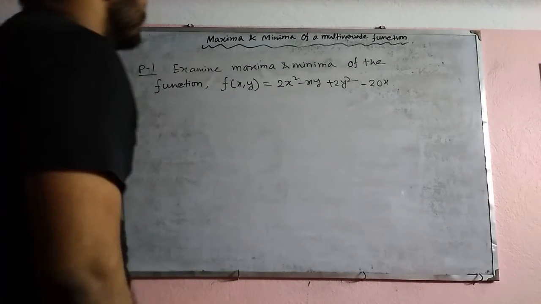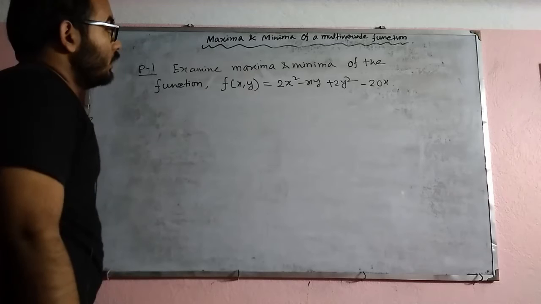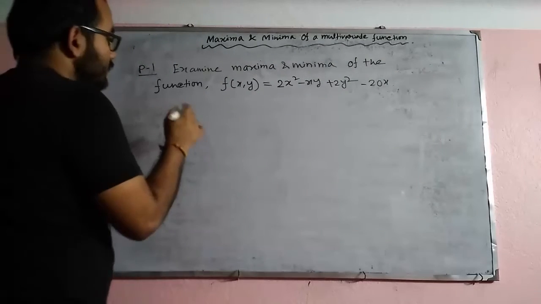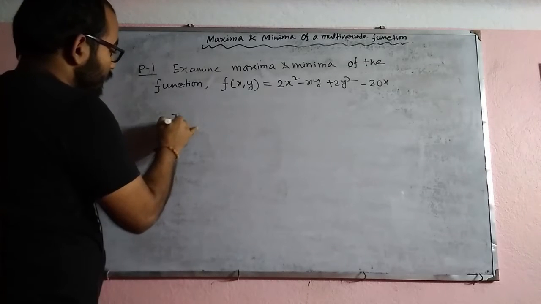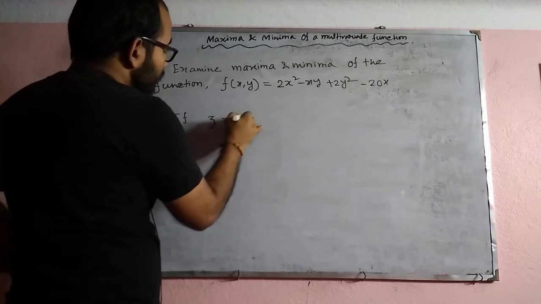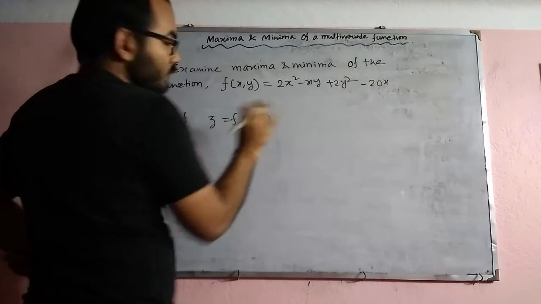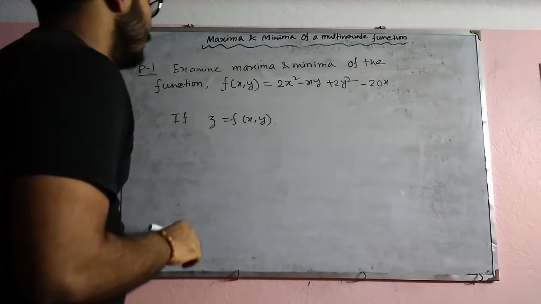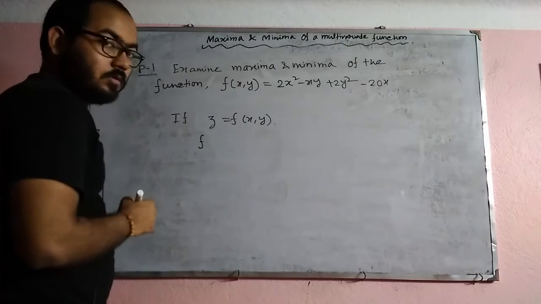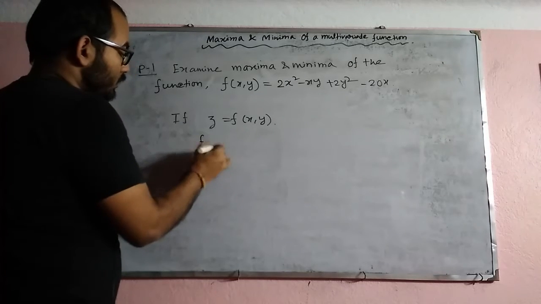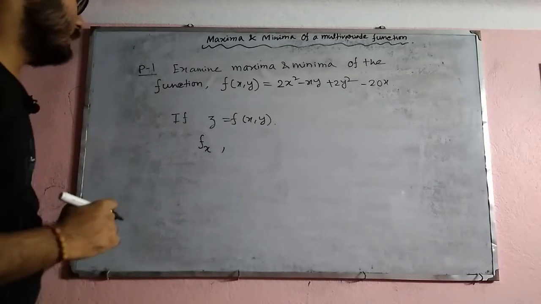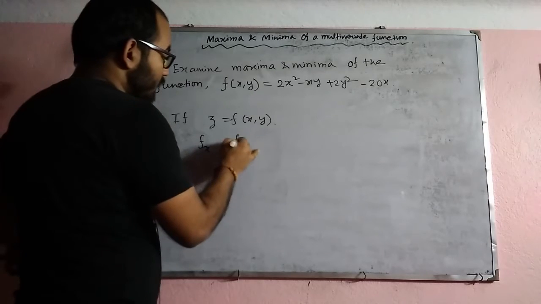One thing I have not told you: if you have a function, say z equal to f of (x, y), then we have to obtain fx, that is the partial derivative of f with respect to x, and fy.